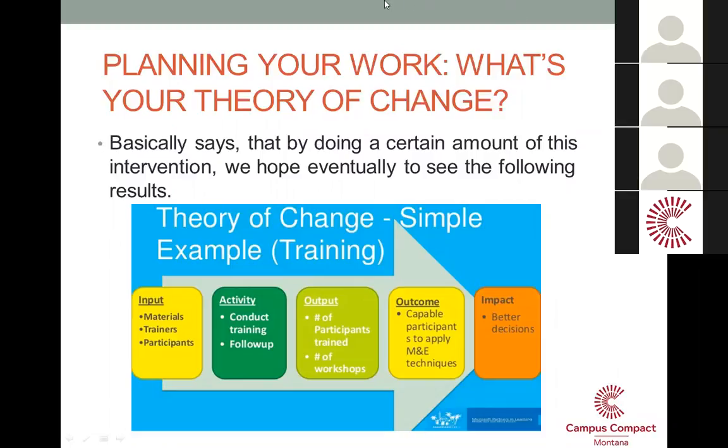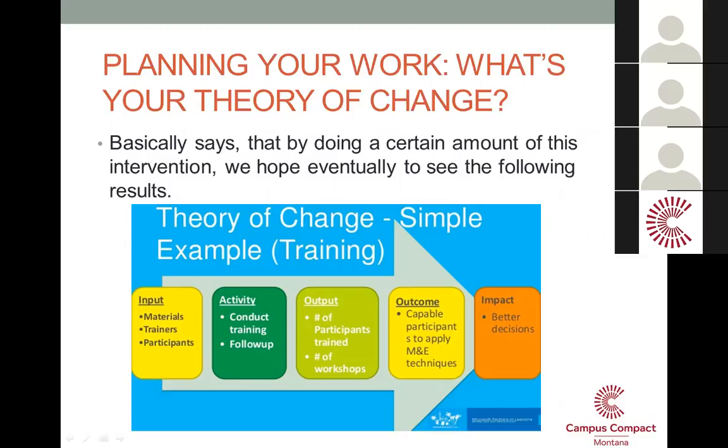Next up, thinking about planning a theory of change. This basically says that, hey, we're going to do a certain amount of this intervention, a certain amount of these activities with these inputs, and we hope that it leads to these results. So it says, by doing this, we hope to achieve this.